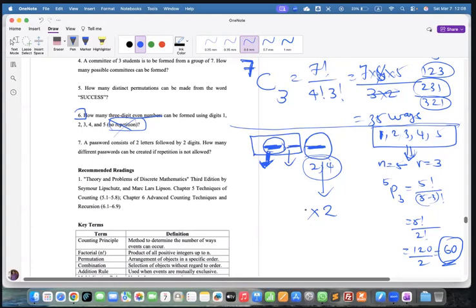4, 3, 2. So what are the numbers we are putting here? Altogether we have 5 digits, right? From these 5 digits, how many possible ways can we fill here? 4.